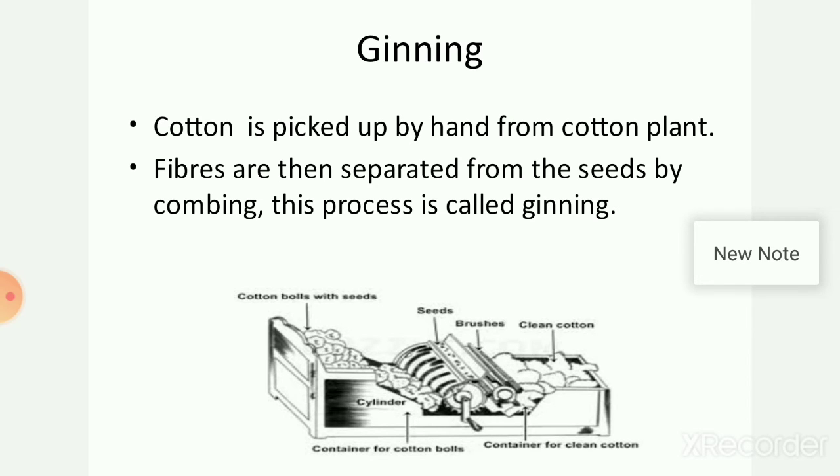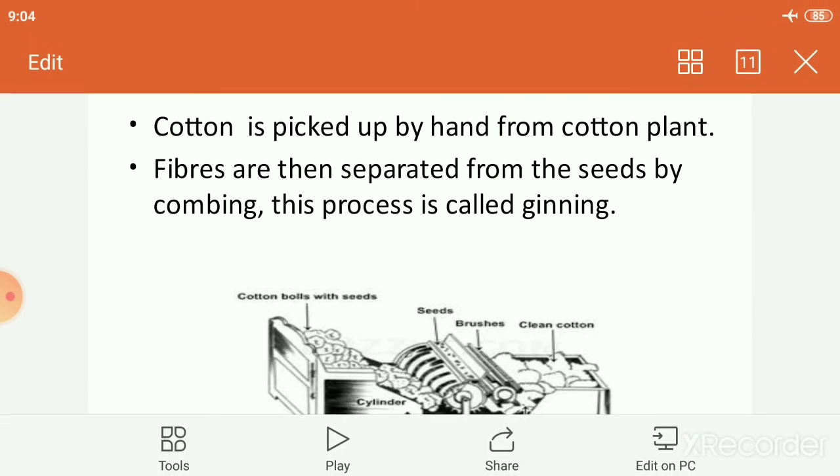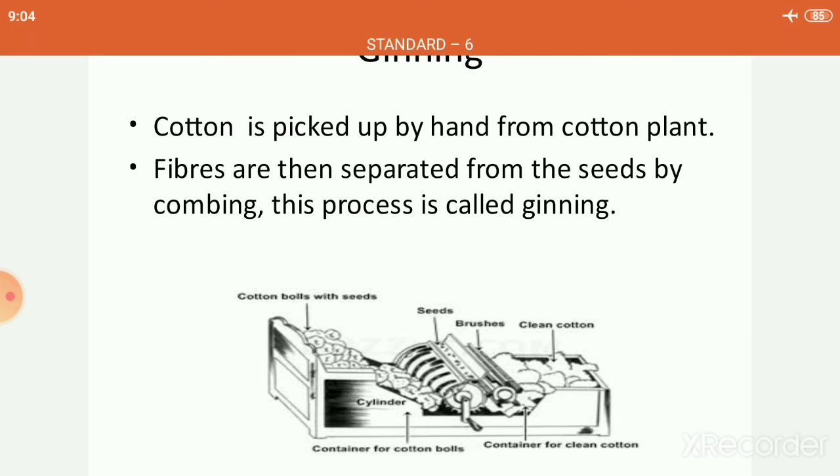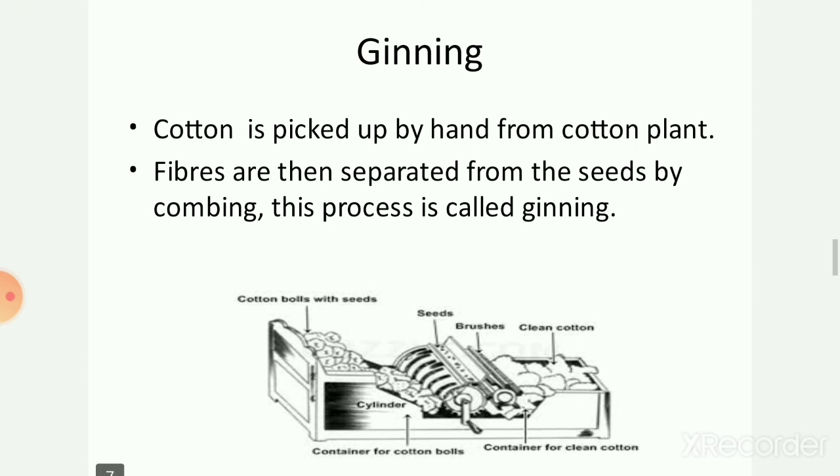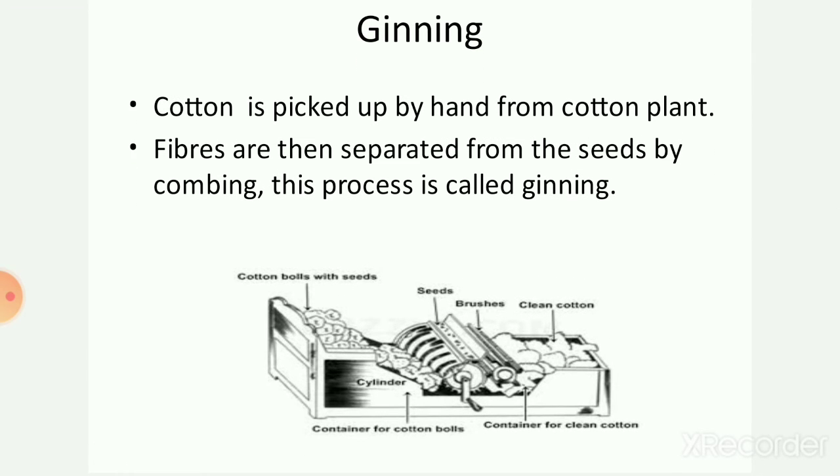Okay, so this is the machine used in a ginning factory to separate cotton seed from cotton. So ginning means what? Separating cotton seeds from the cotton ball.